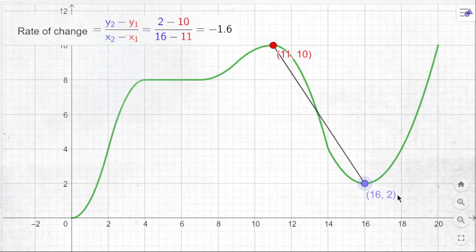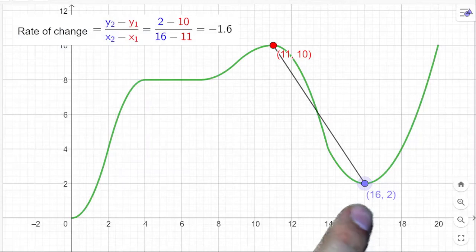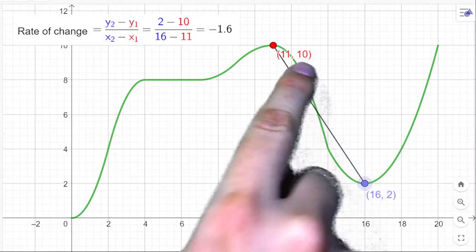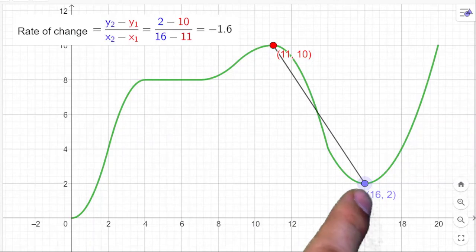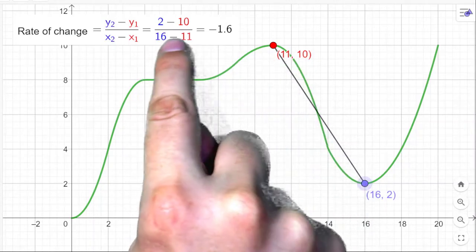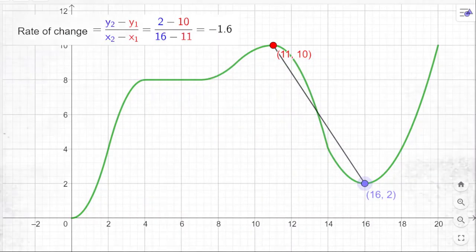So I'm going to take the difference in the y values, so 2 minus 10, that's what I wrote in the numerator, divided by the difference in the x values, 16 minus 11, and compute that, we get negative 1.6. The slope of that line is negative 1.6, and that is the average rate of change. Note that it's negative. That means the height is decreasing on average over that time interval.